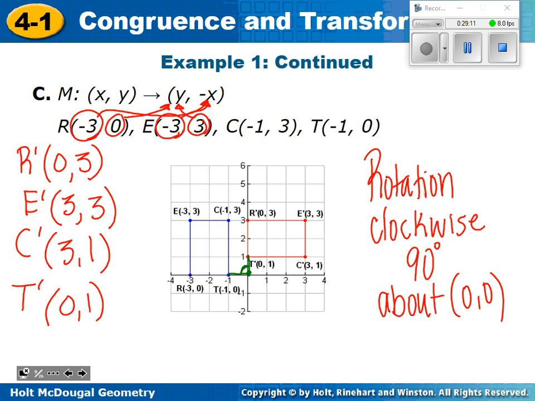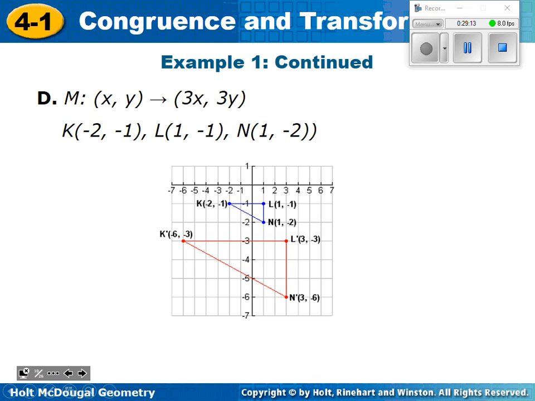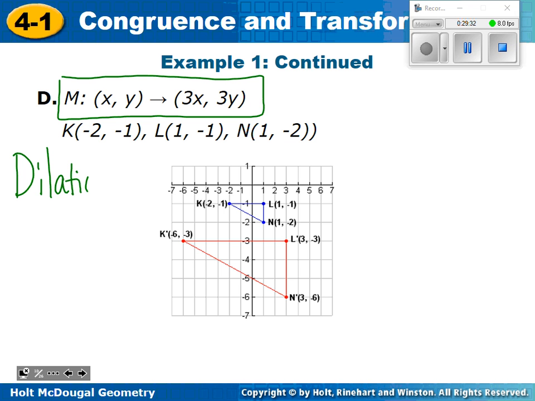Okay, last one on your paper. D. So when you see this, this is your final transformation. We have taken each coordinate and we're multiplying it by a scale factor. We said at the very beginning of the notes that this is what transformation? Dilation.